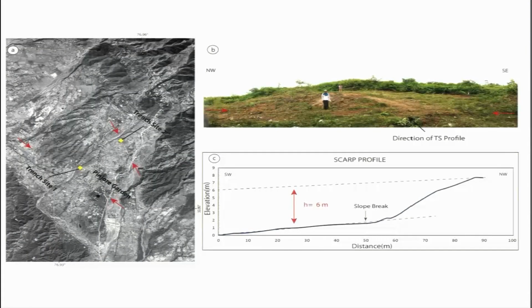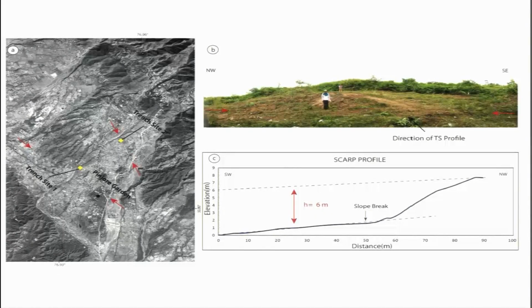After identification, I will quickly browse through a couple of slides. We undertake detailed mapping of the landforms which we have identified from the satellite data. This is a high resolution Cartosat image, and the resolution is about 2 to 2.5 meters.